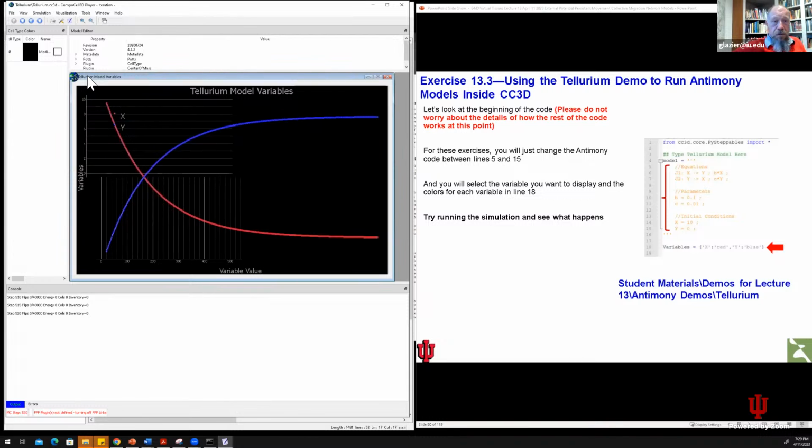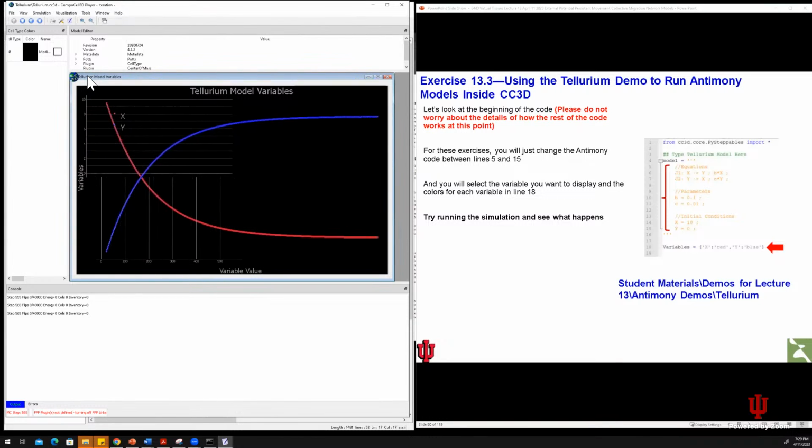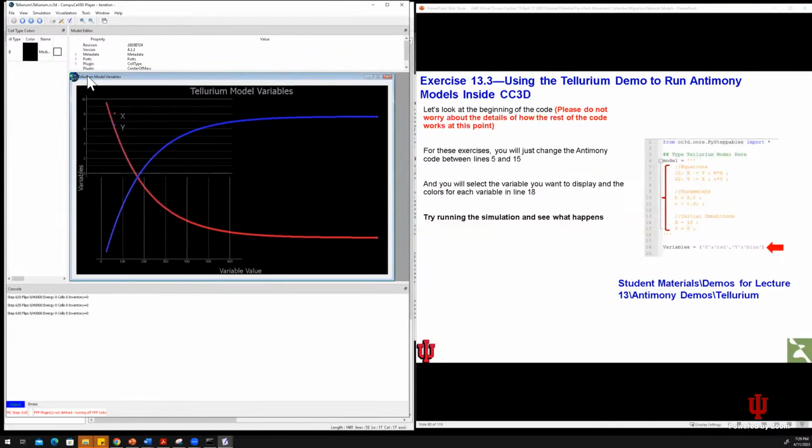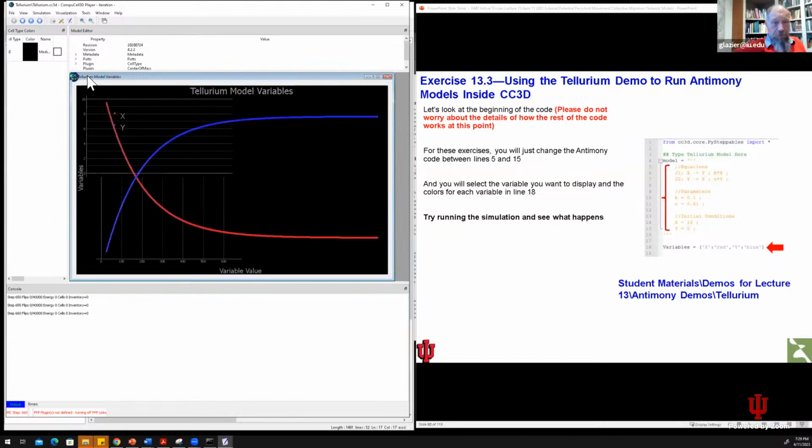Elmer says he gets an error. I'm getting an error also. Are you also in a Linux system? No, I'm on Windows. What's the error?